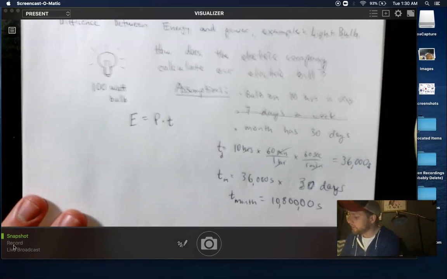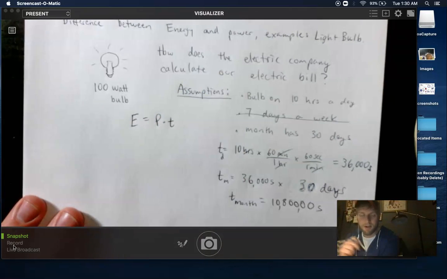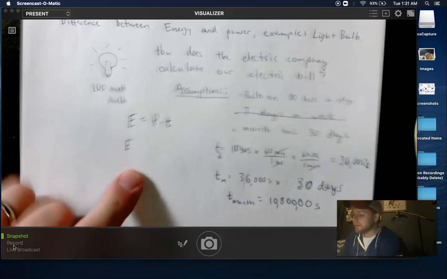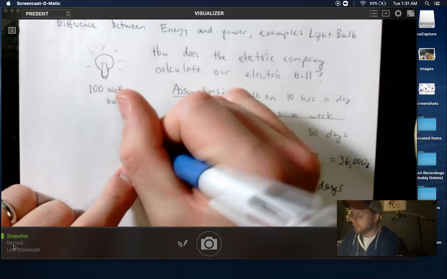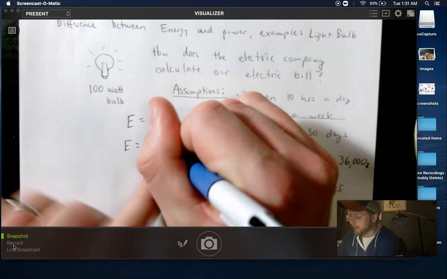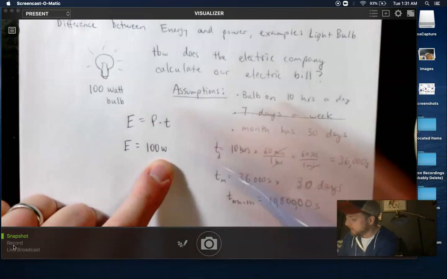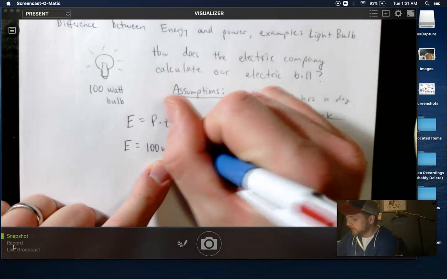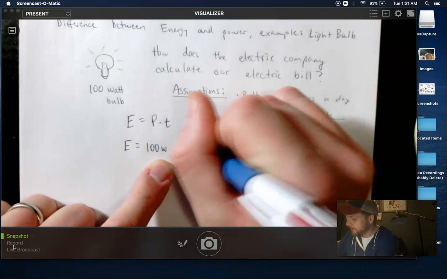So what we're going to do is punch that into energy, and we're going to see what we get. It's going to come out kind of weird. So we're going to have energy is 100 watts times this number of seconds. So that's 10.8 times 10 to the 6 seconds.